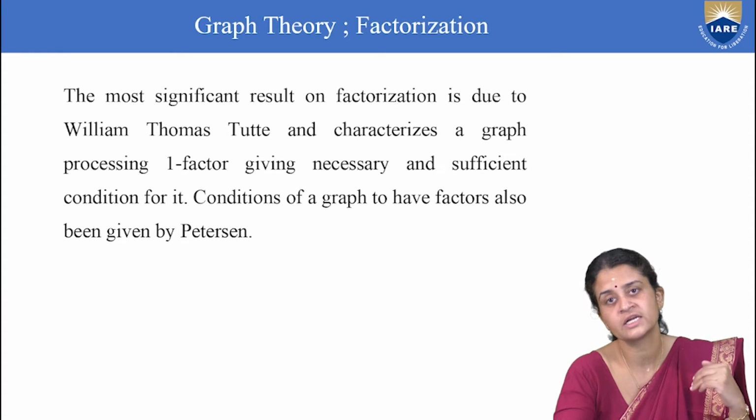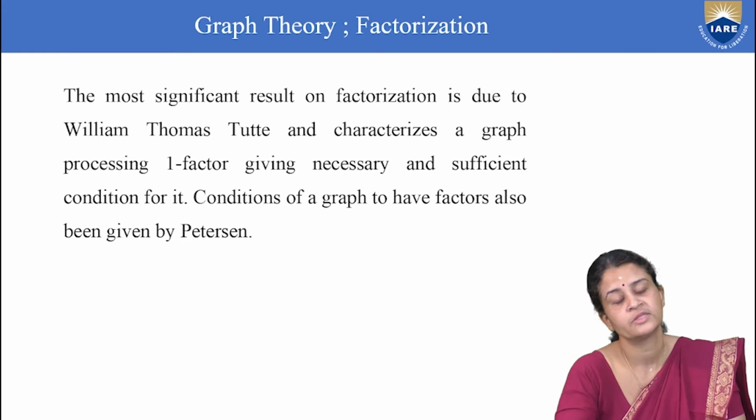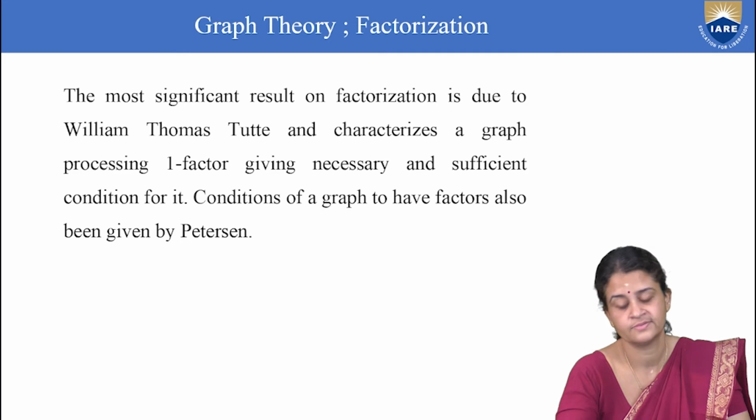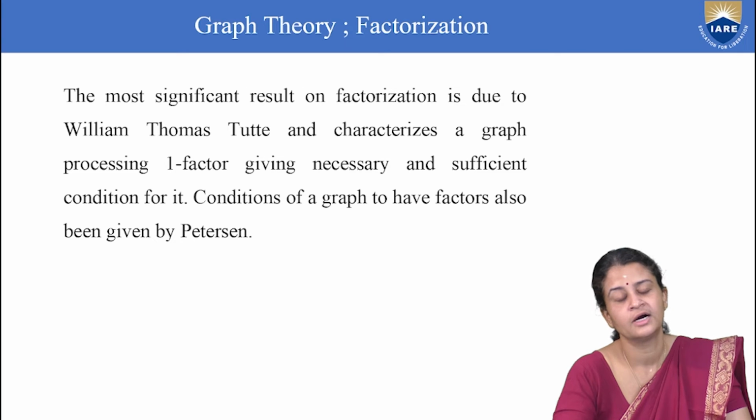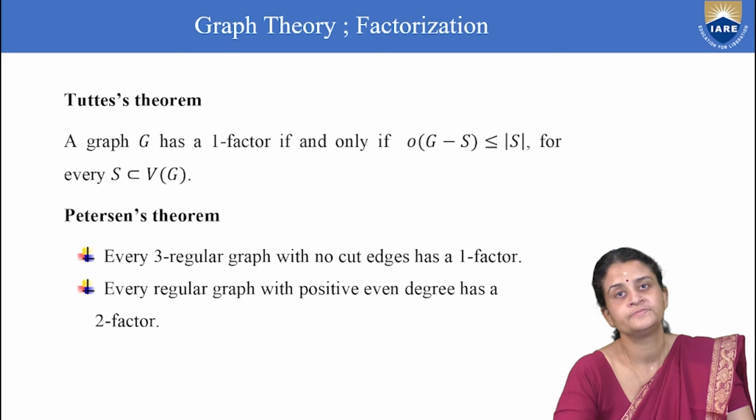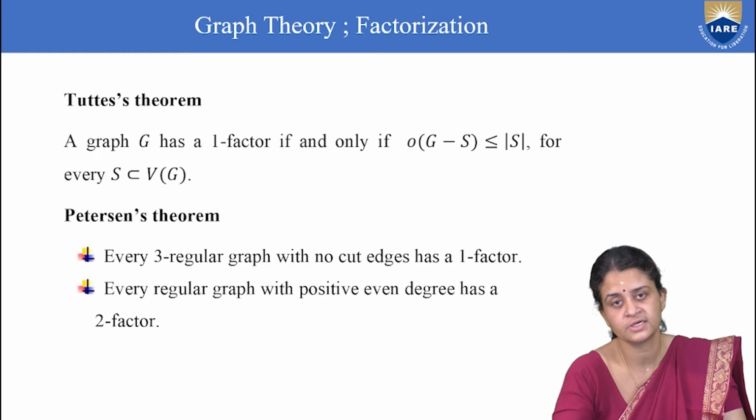Conditions for graphs to have factors were also given by the mathematician Petersen. I hope you remember the Petersen graph also: a 3-regular graph with 10 vertices and 15 edges. And we will see what Tutte's condition is, whether a given graph is factorable or not.